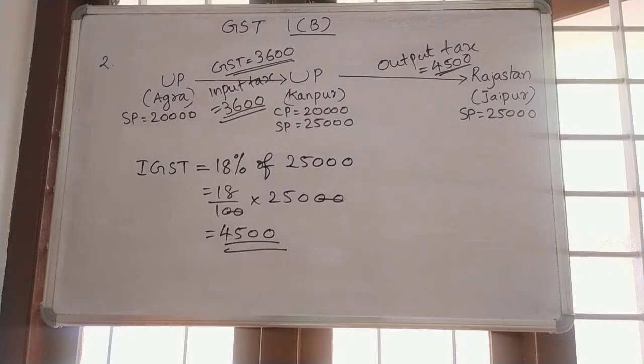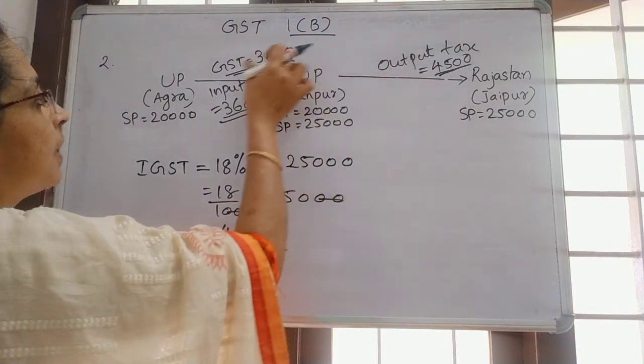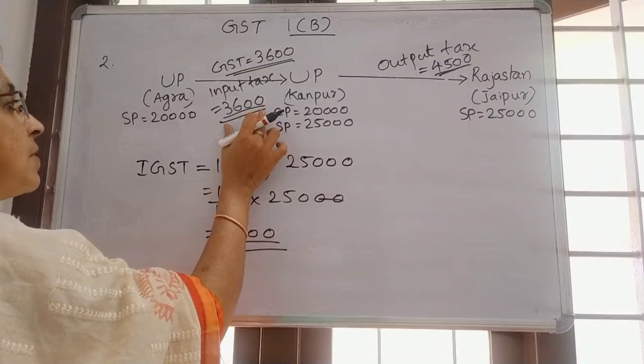Then, net GST paid at Kanpur. We got output tax as 4,500 and input tax as 3,600.